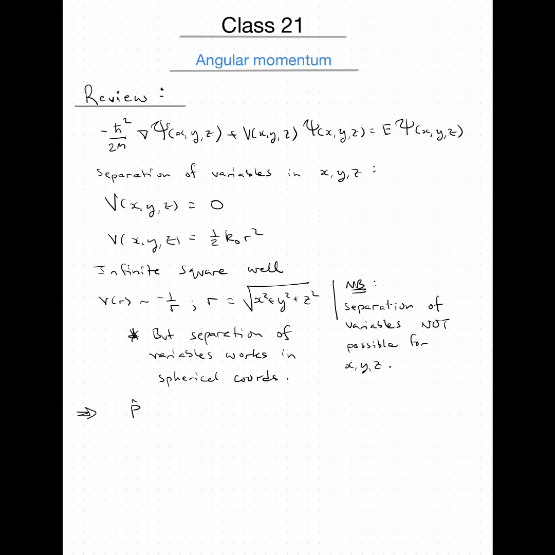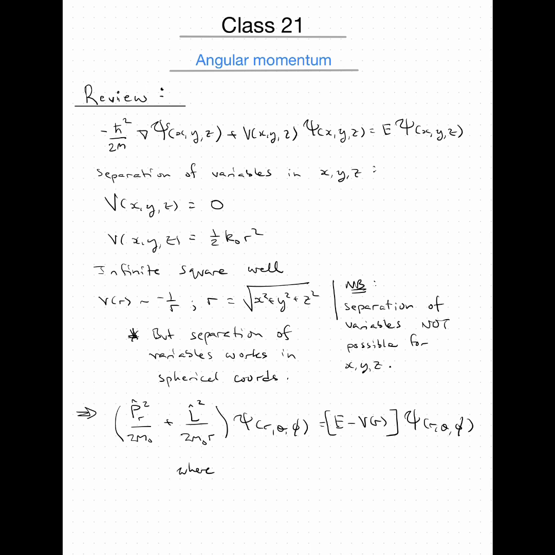And we decomposed it into a radial momentum and an angular momentum piece, P sub r and L. And now we're dealing with a case where we have the potential as a function of r, so it has this spherical symmetry.